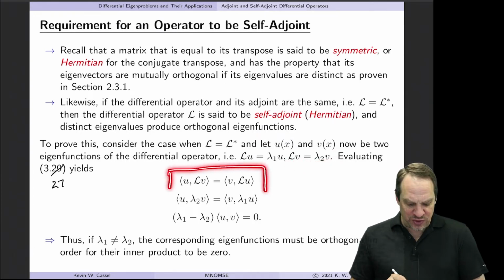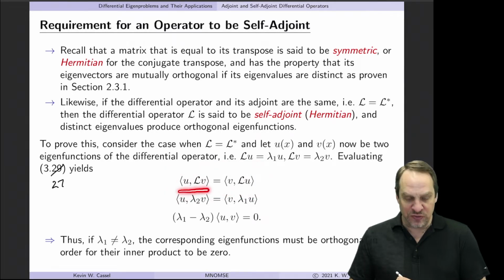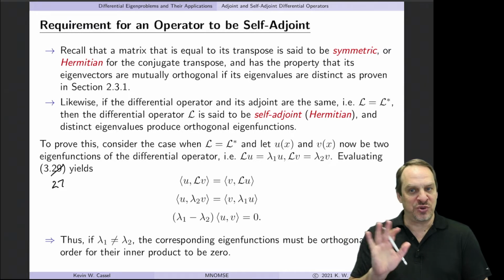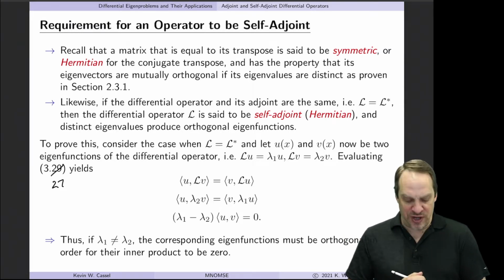So let's start with that original definition for the adjoint. It was the inner product of U with LV is equal to the inner product of V with L star U. But now L and L star are the same, so we can just replace the adjoint with the original differential operator L. You remember in that context, in the previous video, U and V were just generic arbitrary functions. Now they are two of the eigenfunctions of our differential operator L.